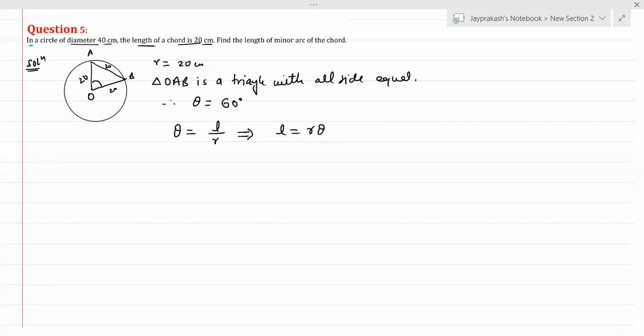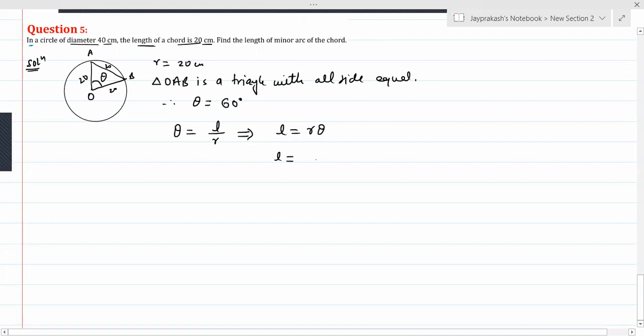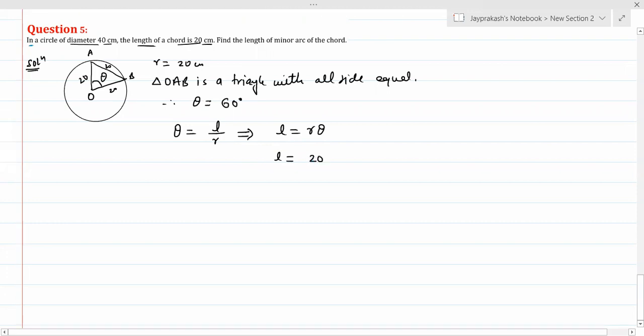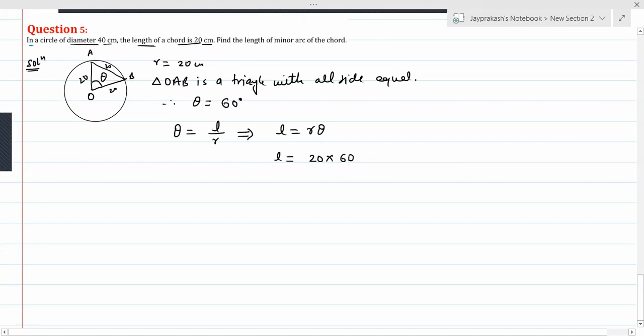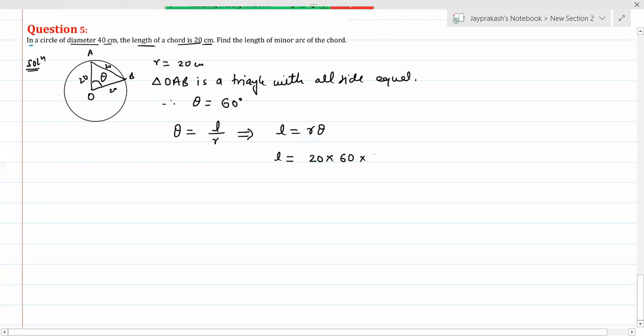Now you know that whenever the angle is in the form of radian, then the length is in the form of centimeter. So we have L is equal to R, that is 20 centimeter, into 60 degree. Now this 60 degree will be changed to radian, so it's pi by 180.